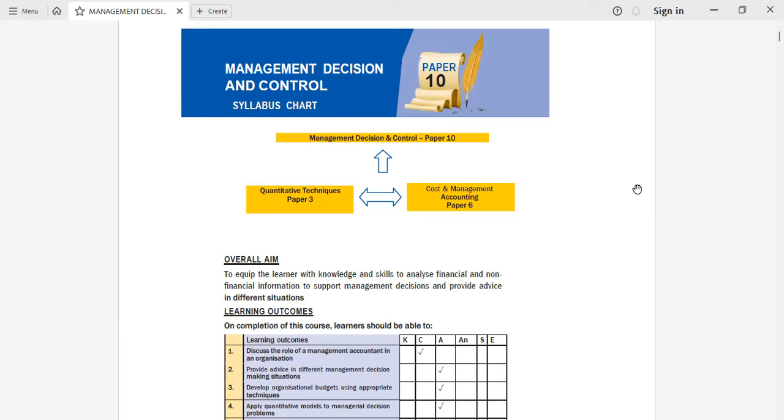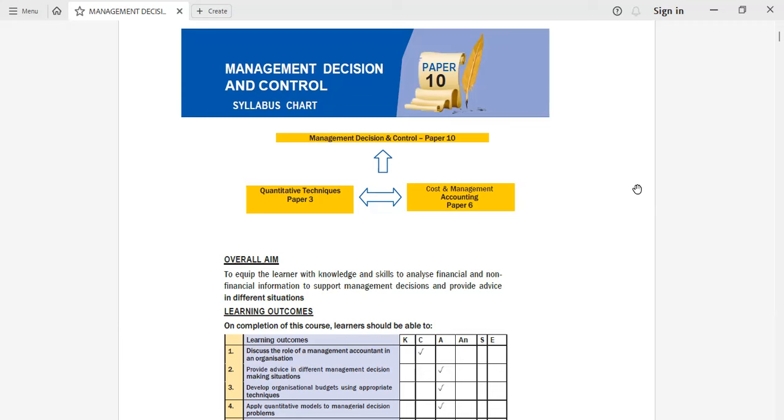Because the more time you give to this paper, the more you are going to pass this paper with ease. So what I'm going to be doing is to make sure that we simplify some of these concepts and make them very easy for everyone to understand.